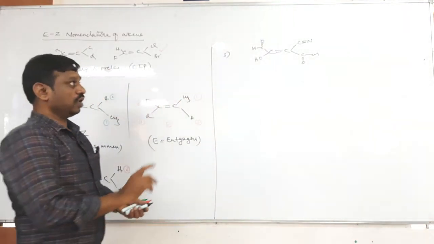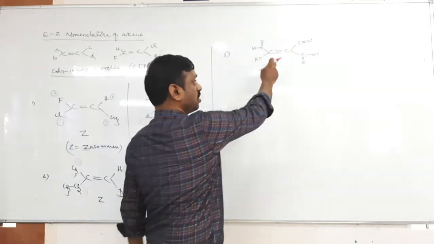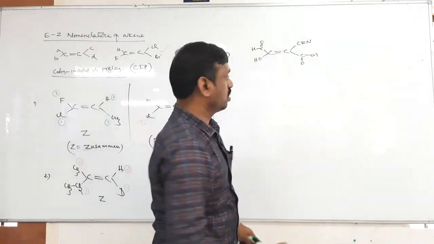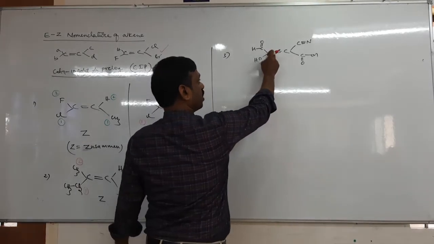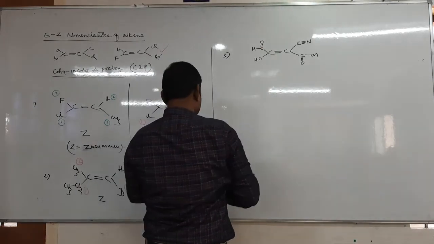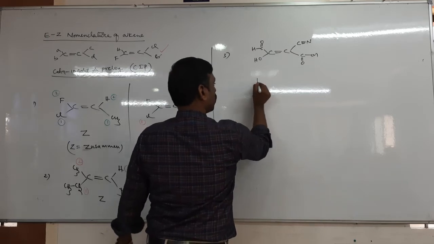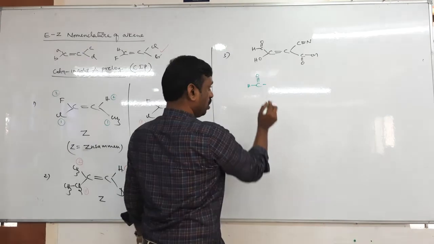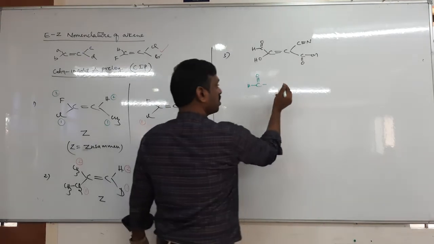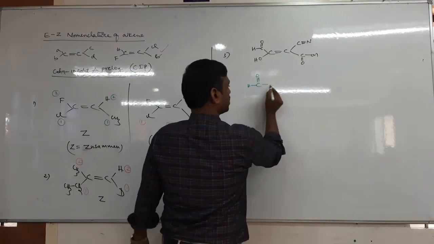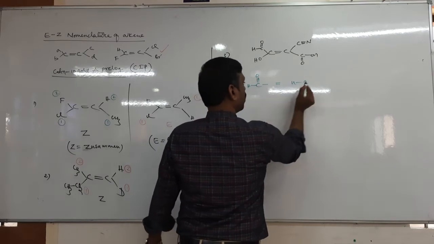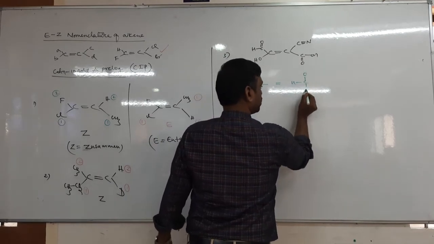Now, if the double bonded carbon atom is attached to C double bond O, then it should be taken similarly, as the same atoms. For example, the double bond can be taken as 2 bonds.